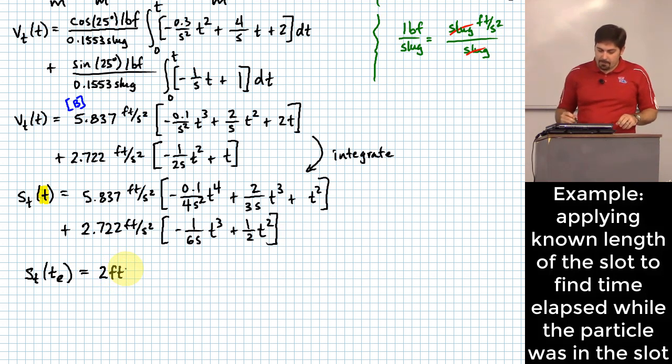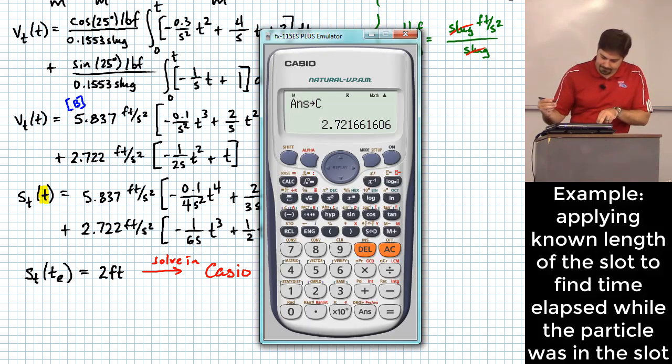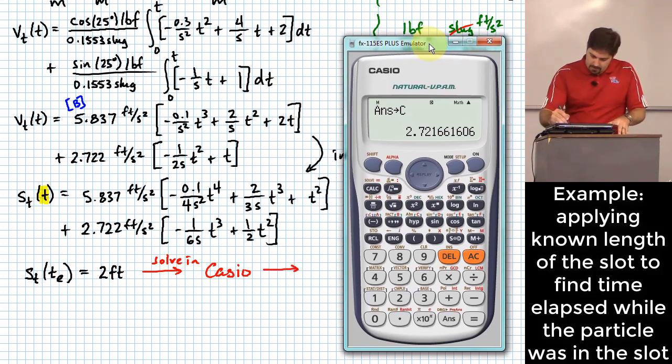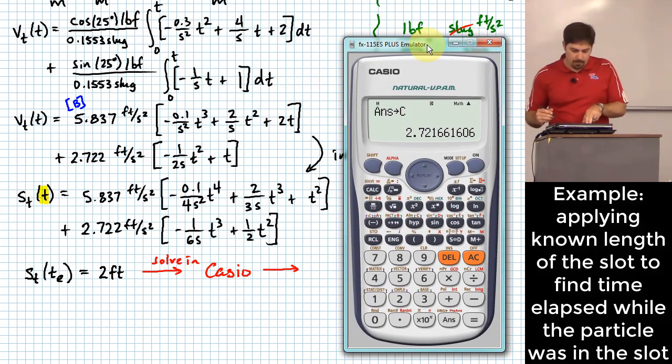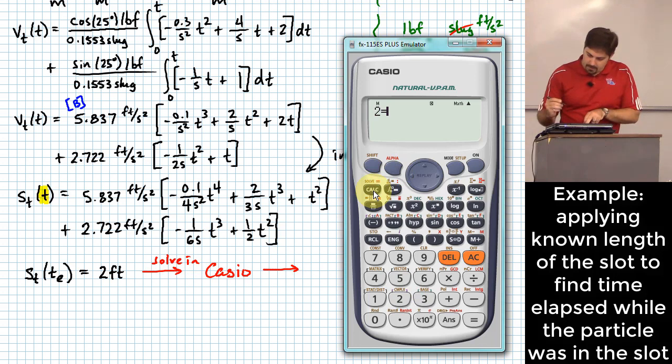Okay, and I can basically solve that expression in the Casio. Here's how that looks. We plug in 2 feet first. So here we've got 2 is equal to, I had 5.837 stored in variable b.